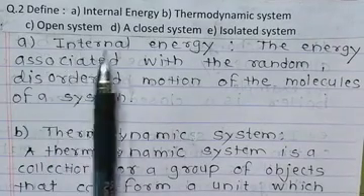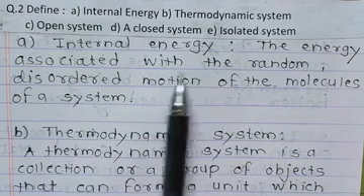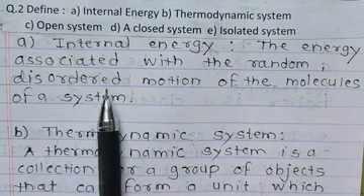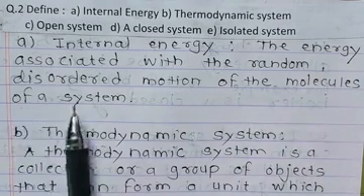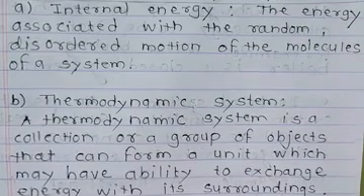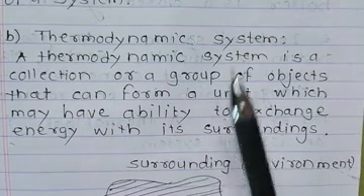A. Internal energy. The energy associated with the random disordered motion of the molecules of a system. Next, B. Thermodynamic system.